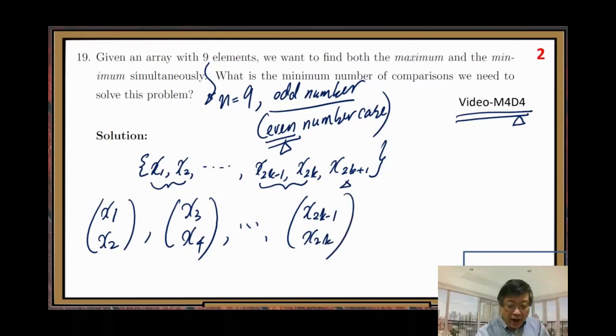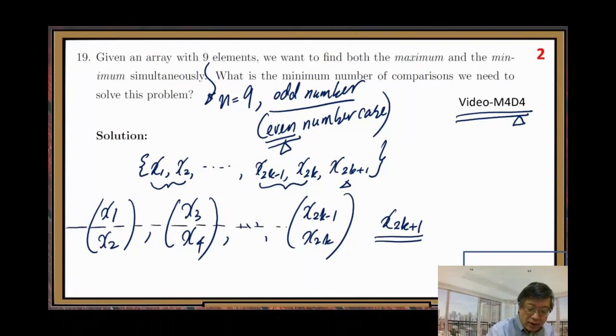Then the singleton, the last one, X2k plus 1, we leave there. You need to do some special management on the last element, the singleton element. Then look at the next step.